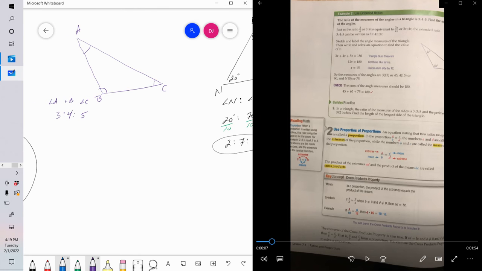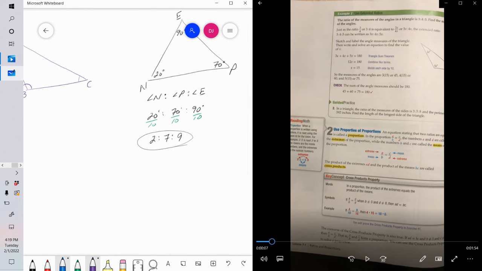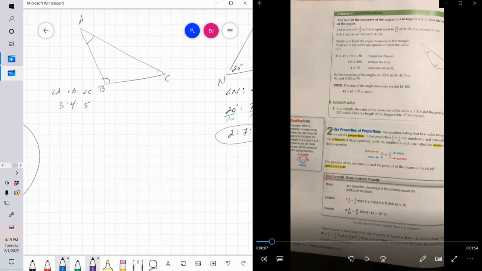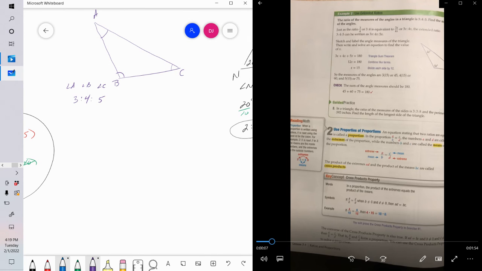Kind of like in triangle NEP, I divided 20, 70, and 90 each by 10 to get down to the 2, 7, 9. We're working in the opposite direction. So that means we divided something by a value to get 3, something else by the same value to get 4, something else by that same value to get 5.